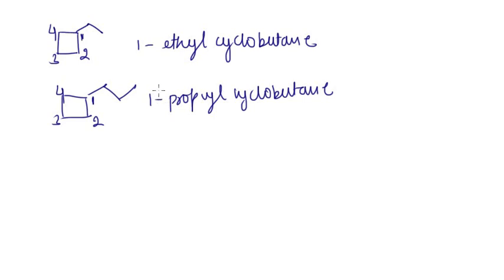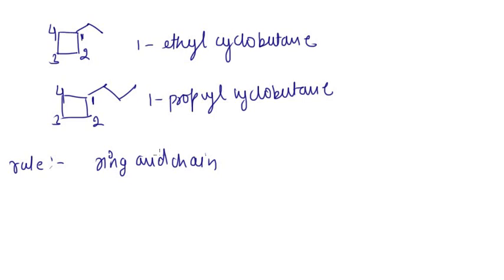Now if I increase the side chain, there may be a case that the main chain becomes a side chain, and the side chain becomes the main chain. So what is the rule then? First of all, among the ring and chain, which should be the most prior for naming the compound, for giving numbers 1, 2, 3, 4?